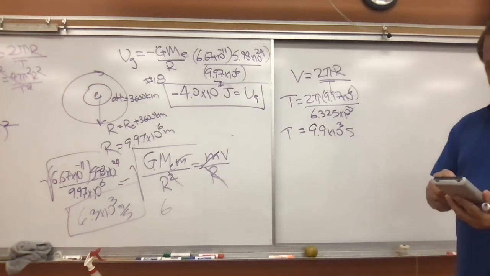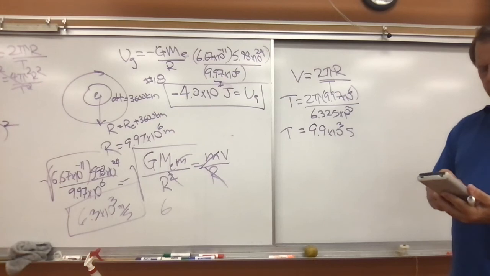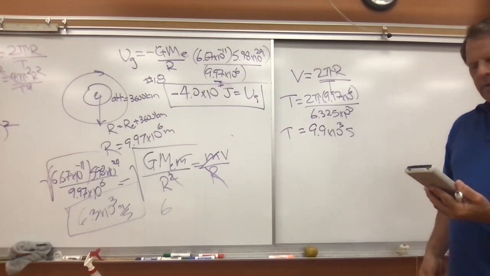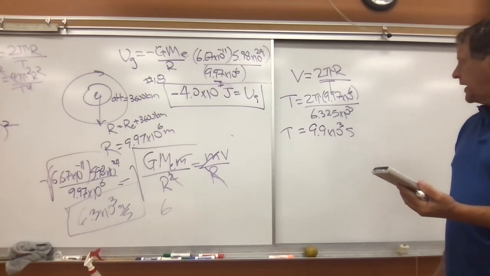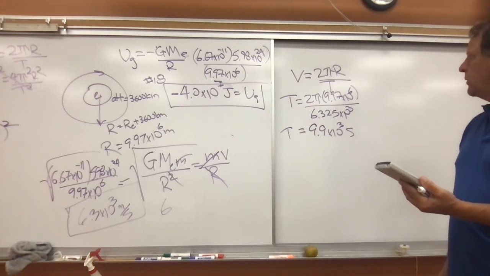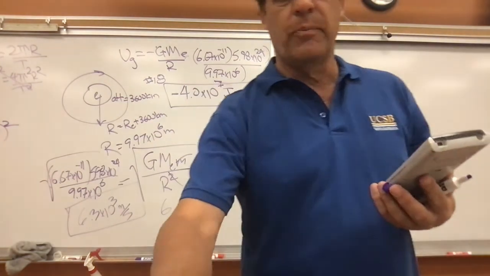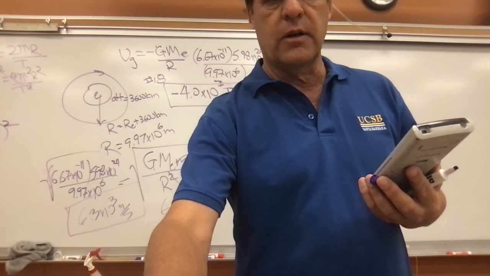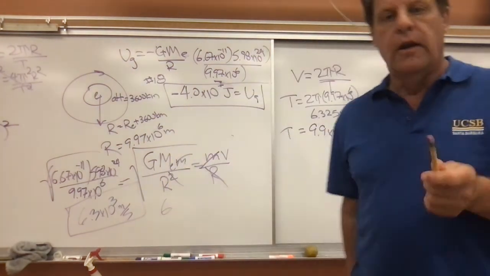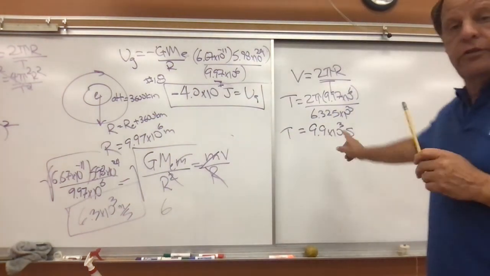So if we divide that by 24, that's going to give us 410 hours. This seems wrong. Hold on a second. I'm going to go back and double check this because this seems wrong. Sorry about that. This is correct.